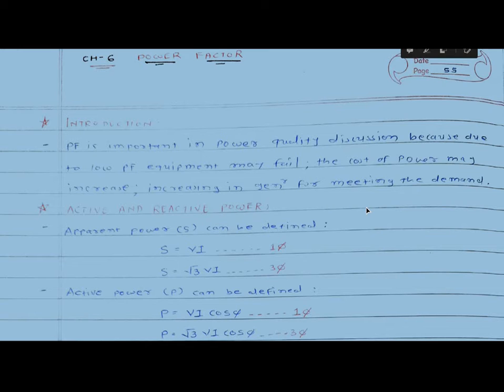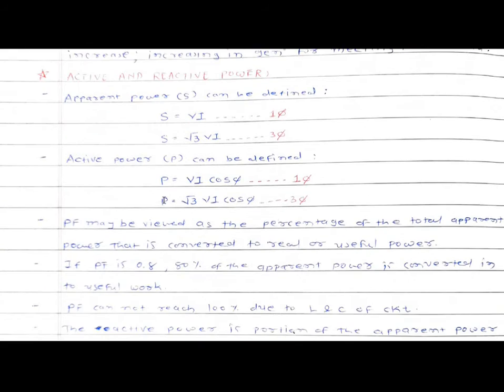So there are two main points considered for the power factor. First one is the damage or equipment failure. Second one is the increase in the cost of power generation.